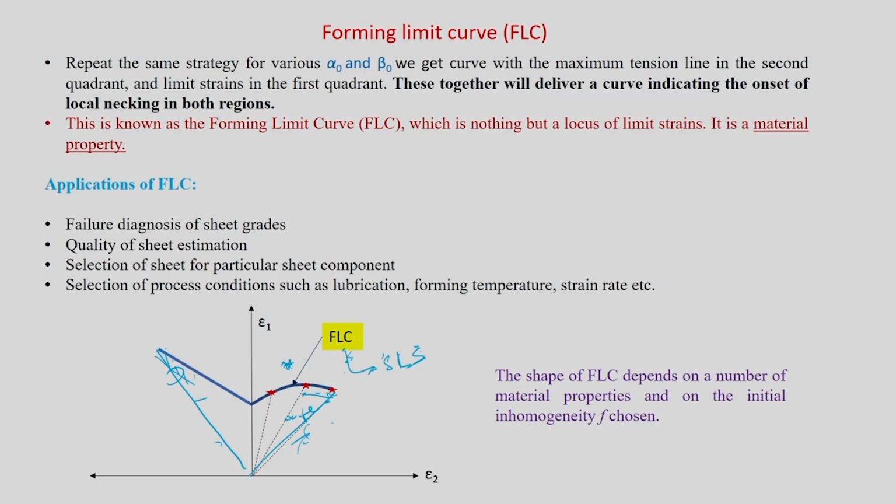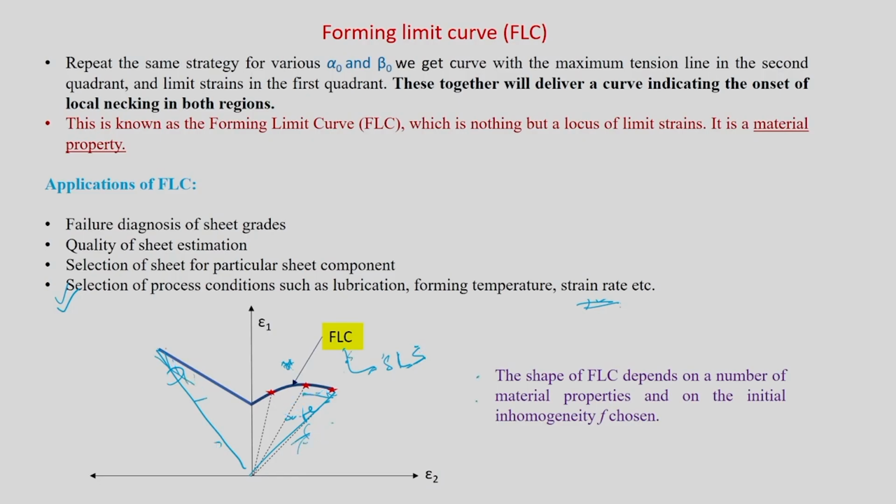Okay, if it's not affordable for you to change the material, let us say, then you change the process conditions such that with the same material you can make that component. This also tells the fact that selection of process conditions such as lubrication, forming temperature, and strain rate can be decided based on this particular forming limit curve.